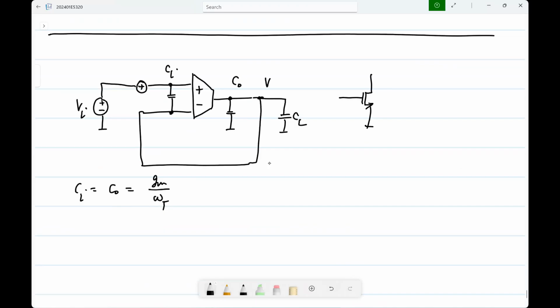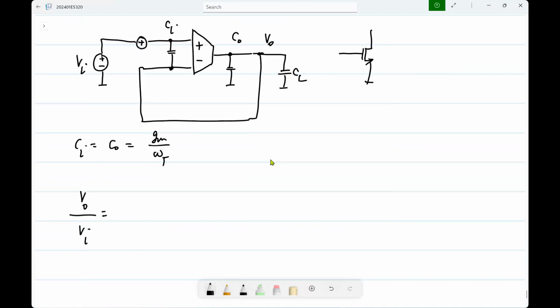What was V0 by Vi? Do you remember? What do you get? Or at least the denominator. The denominator, basically, what is the order of the system when it's driven by a voltage source?